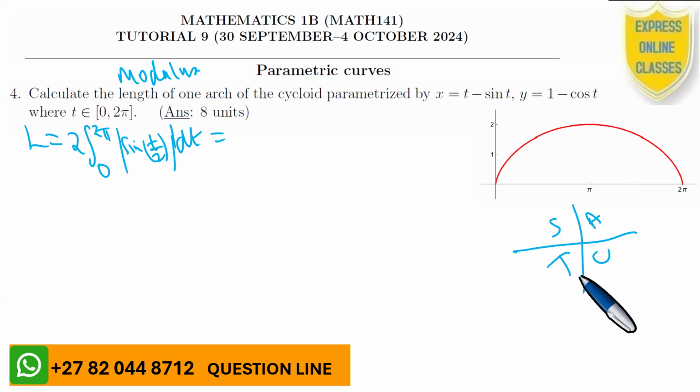In this CAST diagram, it's going to give us 0, pi over 2 radians, pi, and then 3 pi over 2 radians, and then 2 pi radians. Between 0 and 2 pi, the sine is going to be positive in these two quadrants, but now this one is obviously a half angle formula, so it's going to be an interesting one to analyze.